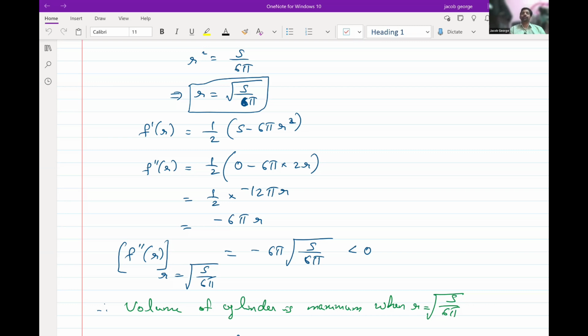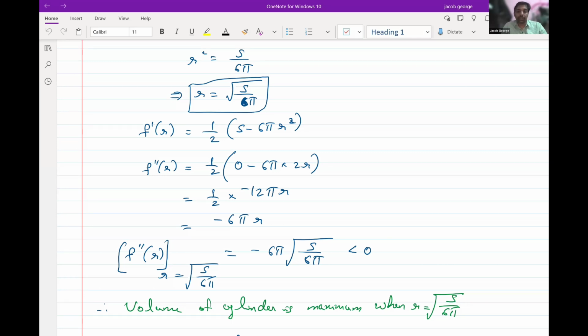Therefore, we conclude that volume of cylinder is maximum when r is equal to root of s by 6 pi. So the main part is completed by that step.